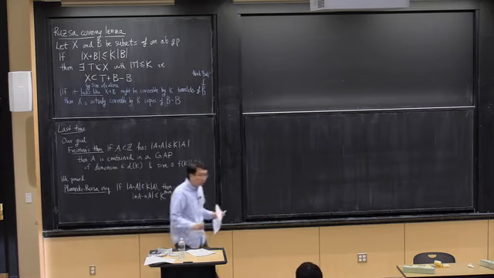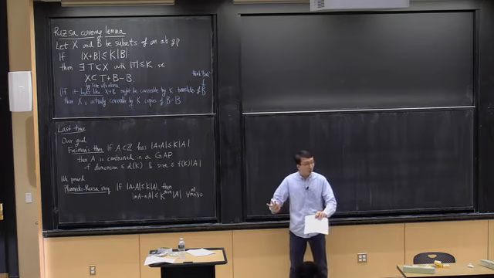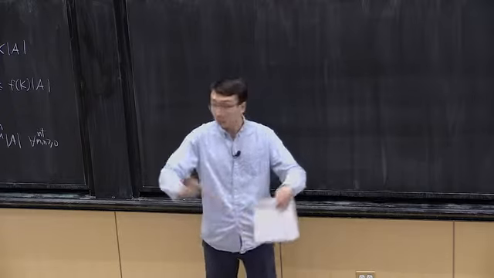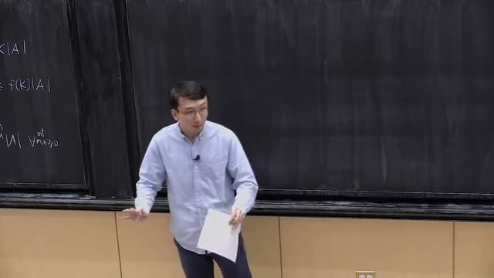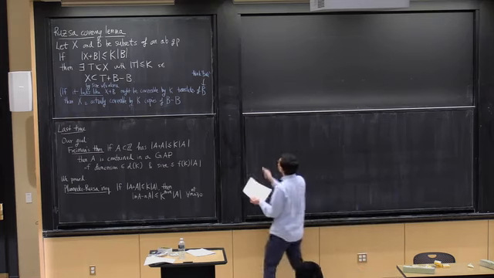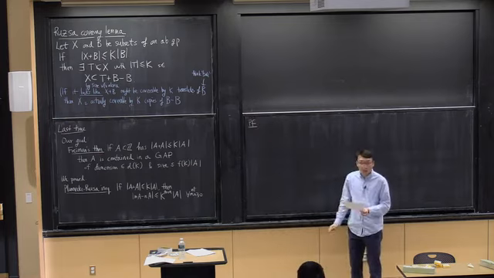The Ruzsa covering lemma is a really important tool. The proof is not very long, and it's important to understand the idea of this proof. This is not just in additive combinatorics; it's a standard idea in analysis. I think the proof is more important than the statement up there.